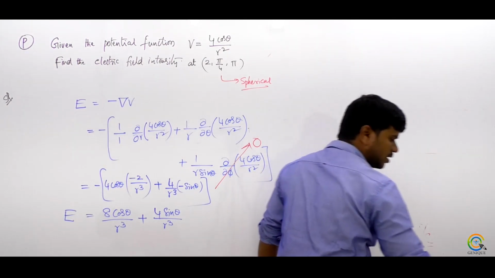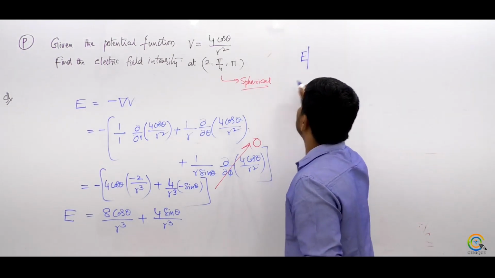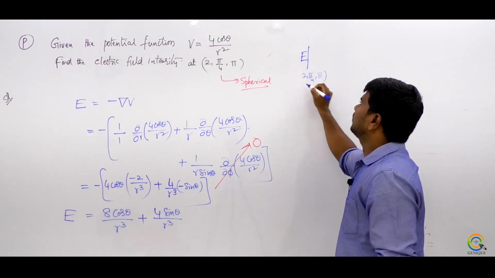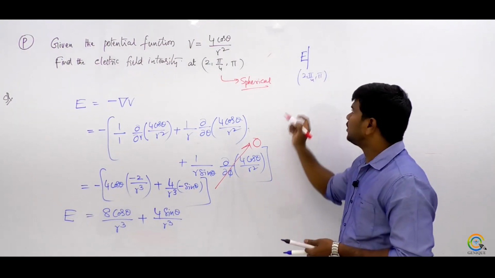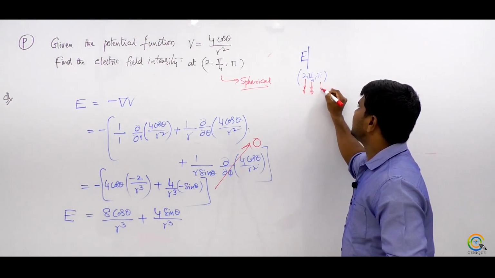So next, what I have to find? The electric field intensity at this point, where (2, pi by 4, pi). So if you observe this, this is r, this is theta, and this is phi.